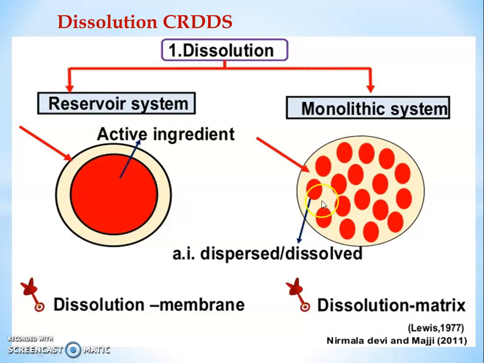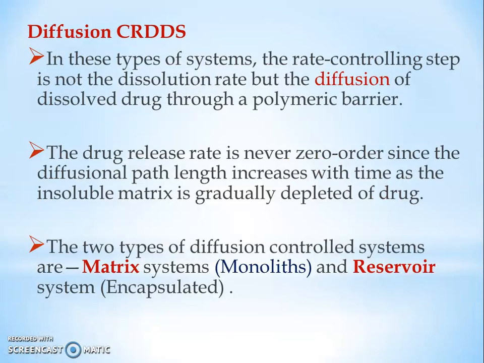Also, in this system, the polymeric system may itself get dissolved and the drug may be released. Thus, by the mechanism of dissolution, the drug may be released from such a system in a slow manner for a prolonged period of time.